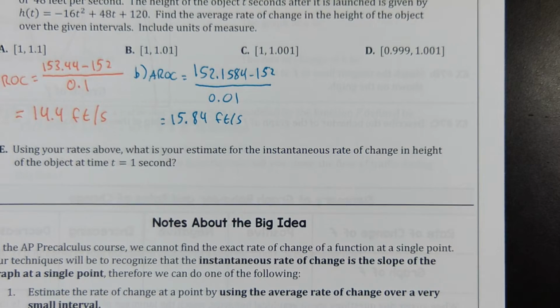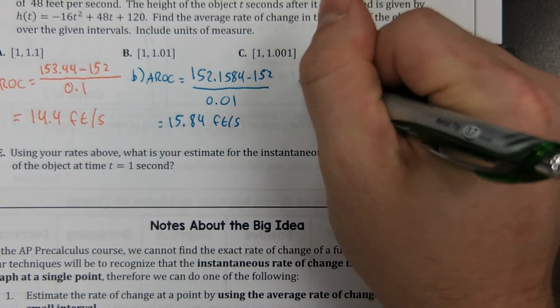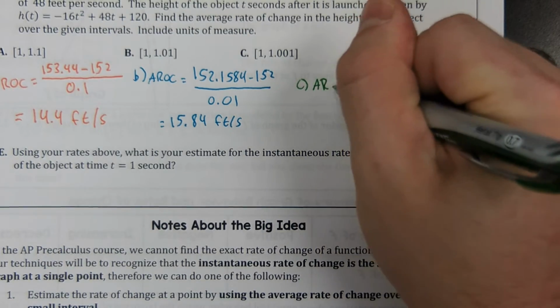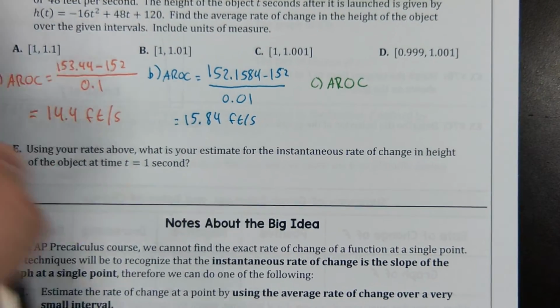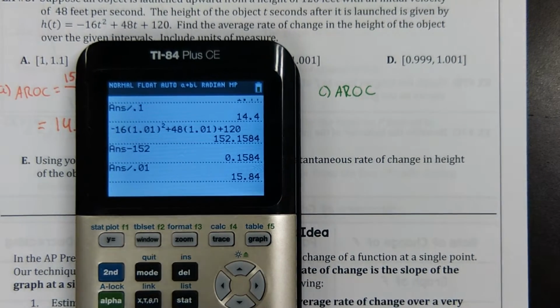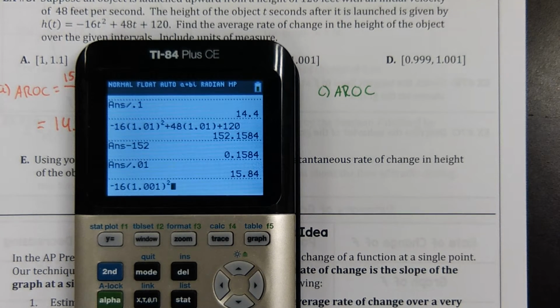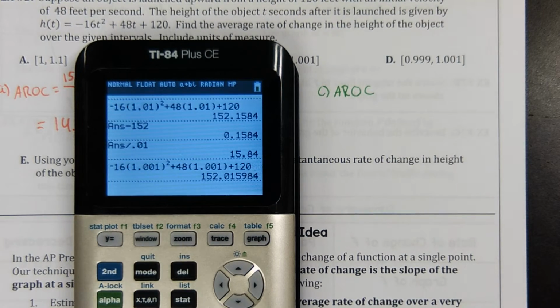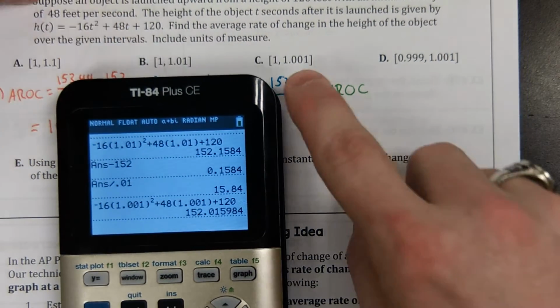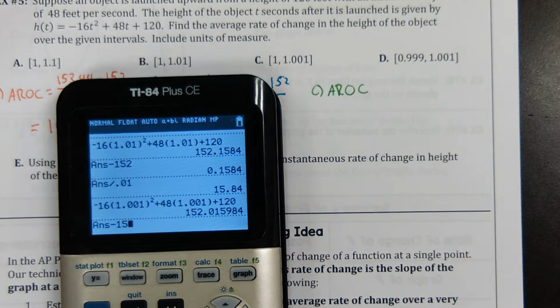So for C, because I'm running out of space, rather than write the arithmetic, I'm just going to write the average rate of change. This time I'm going to use 1.001. Again, subtracting what I get for t equals 1, which was 152.